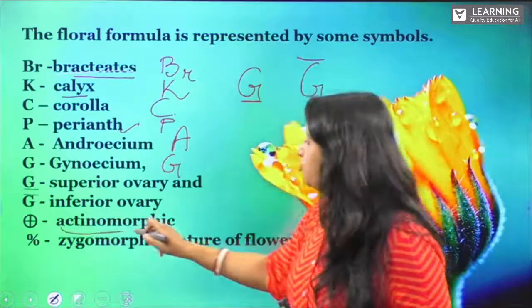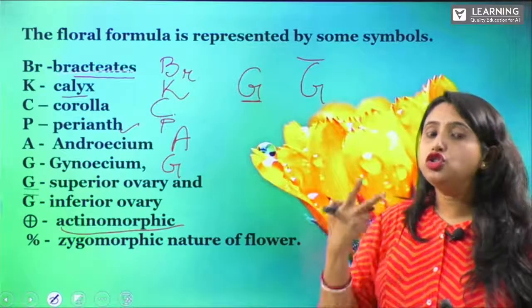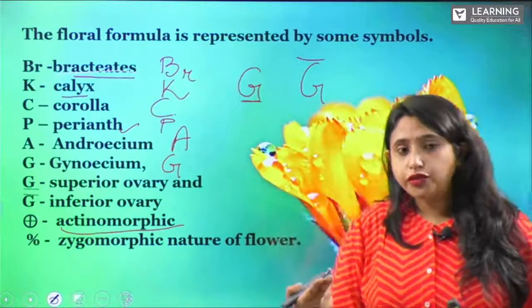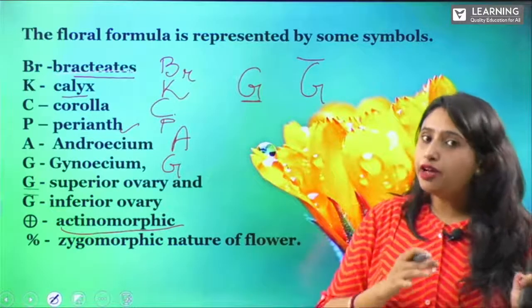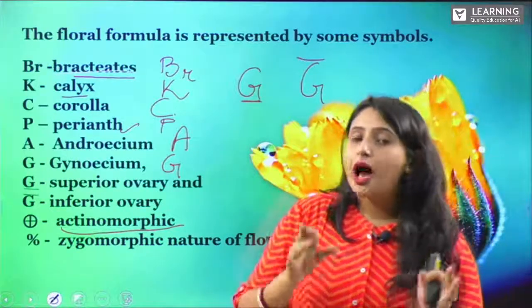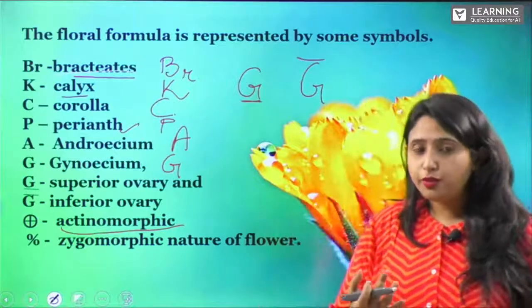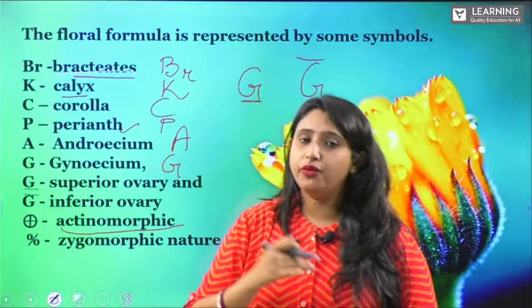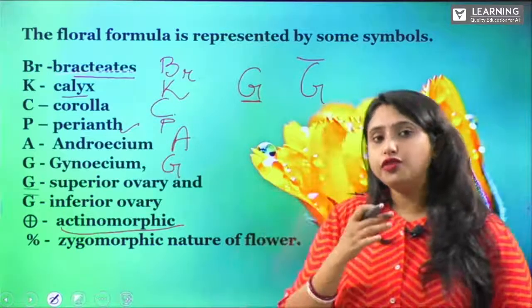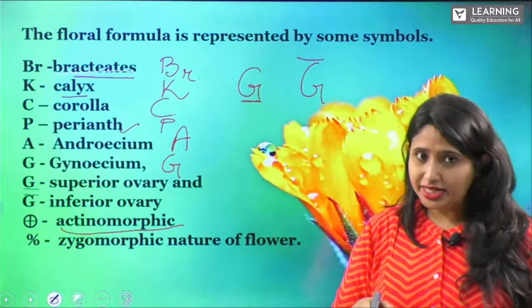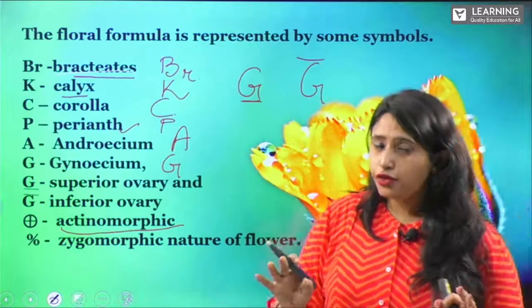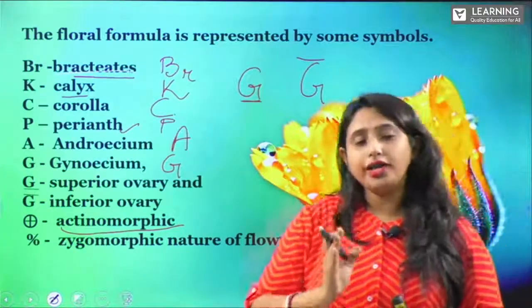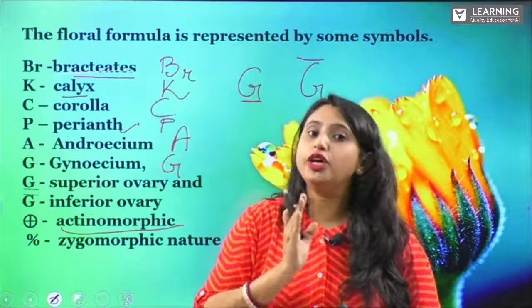You know that flowers can be divided into two types based on symmetry. One is the actinomorphic flower, another is the zygomorphic flower. In case of an actinomorphic flower, it can be divided in any radius, so if we divide it, the cut will pass through the radius. But in case of zygomorphic, it can be divided bilaterally, into two equal halves.